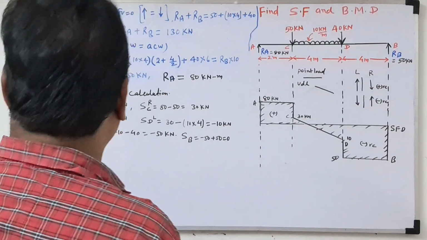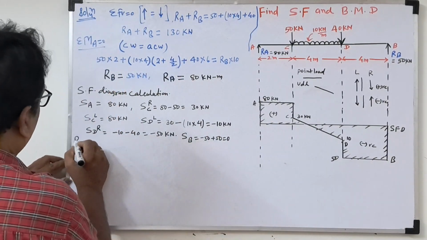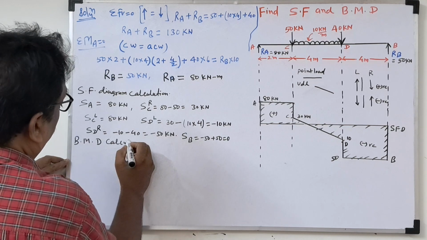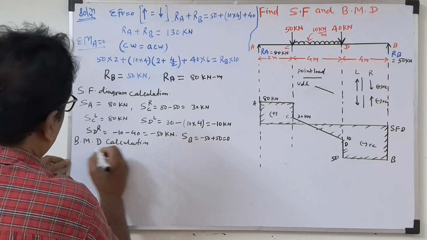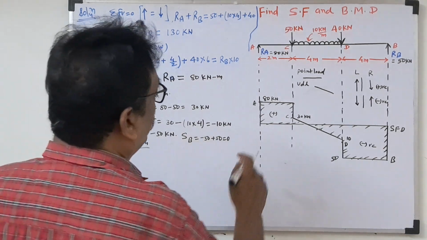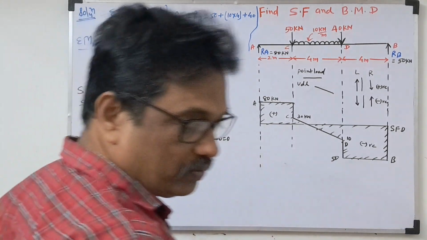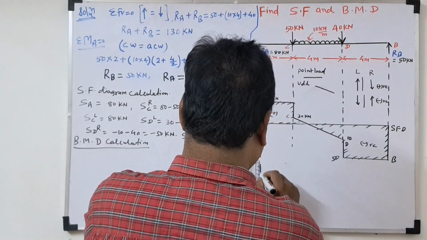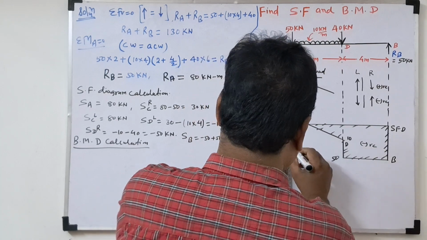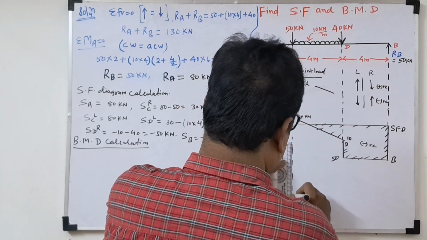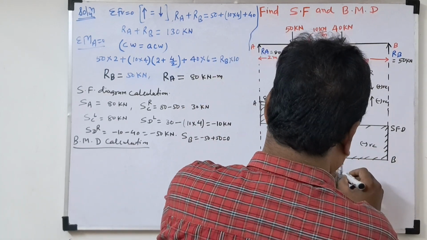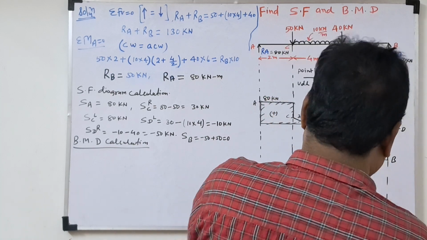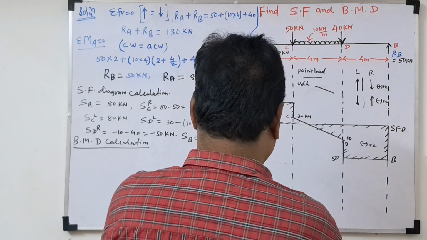Now we'll go to the bending moment diagram calculation. So bending moment at A and B. First we will draw the line for the bending moment, the 0 line. It will be easy for you when we calculate the values and parallelly draw the bending moment diagram.